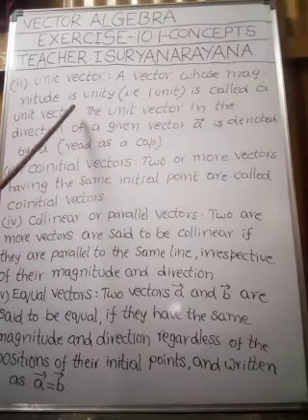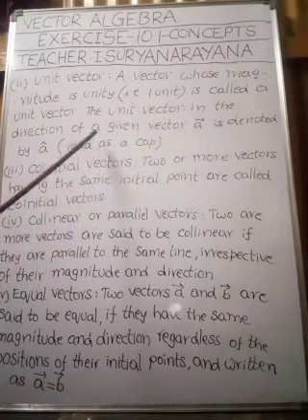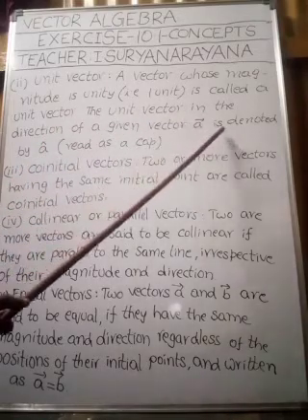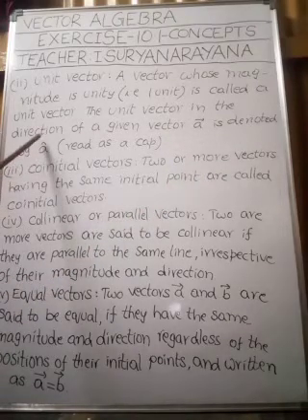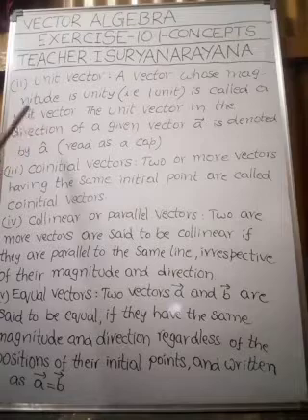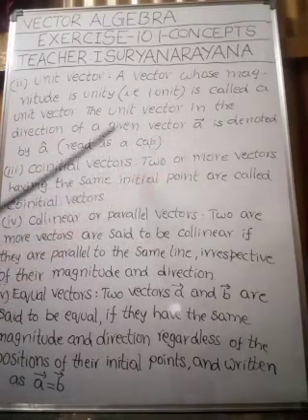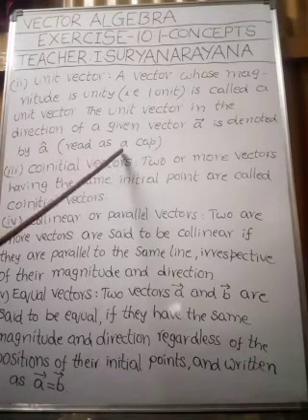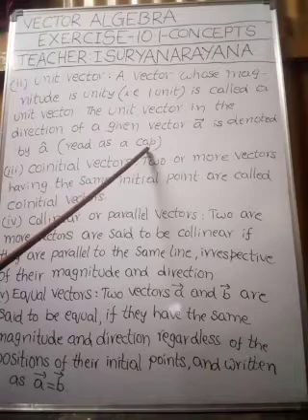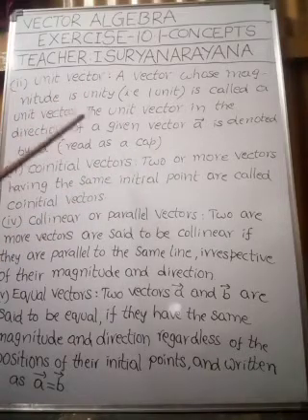The unit vector in the direction of a given vector a bar is denoted by a cap. This is the notation of a unit vector in the direction of the given vector a bar, and it is read as a cap. Remember these notations and definitions, my children.